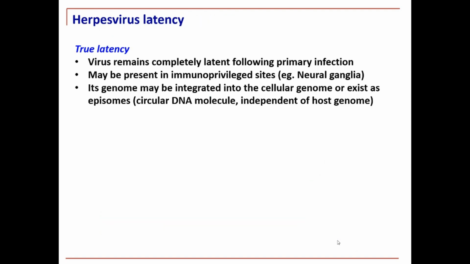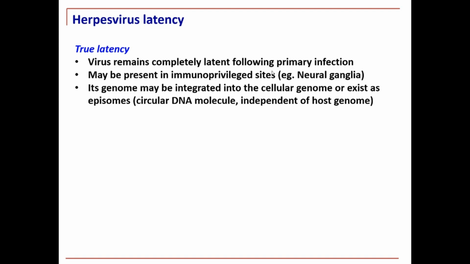So you can go through a true latency period. This is where the virus remains completely latent following a primary infection. It may be present in immunoprivileged sites, such as the neural ganglia. Those are sites where there isn't a strong immune system present. Its genome can potentially be integrated into the cellular genome, or it can exist as episomes.